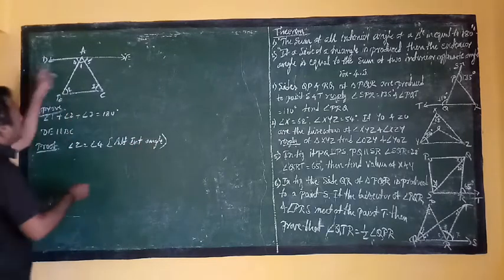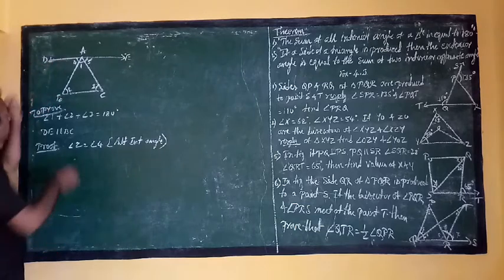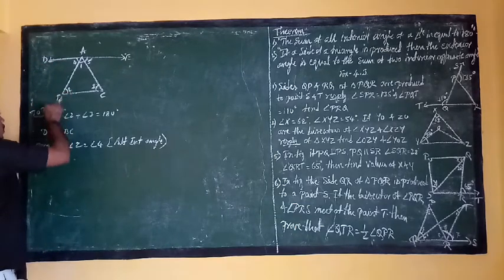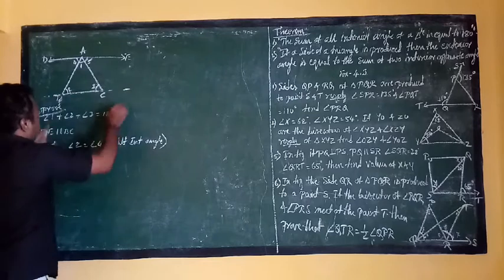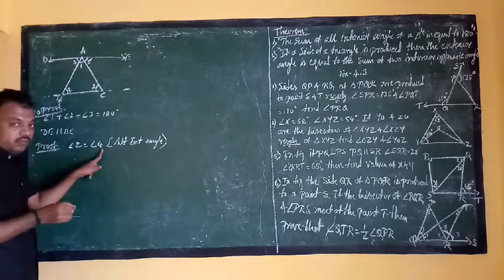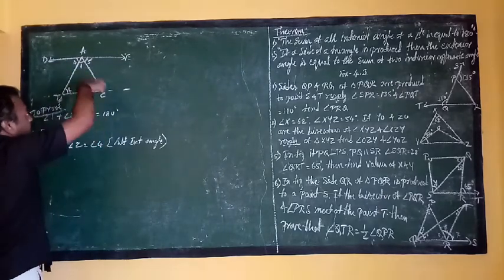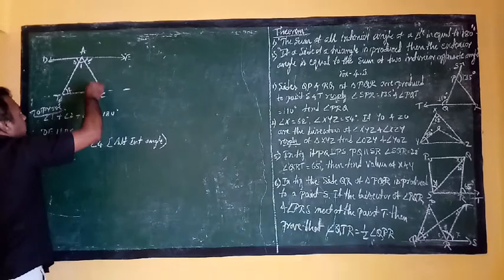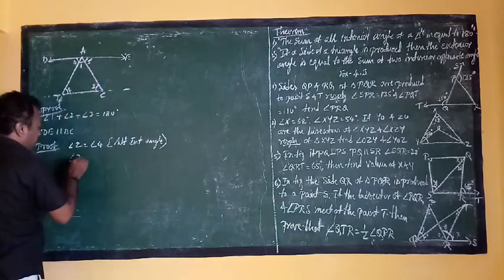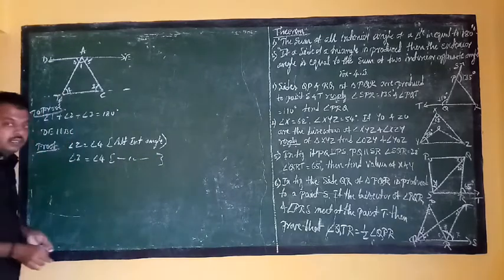Because DE is parallel to BC, AB is a transversal. These two are alternate interior angles, therefore angle 2 is equal to angle 4. Next, again DE is parallel to BC, AC is a transversal, therefore angle 3 is equal to angle 5. Angle 3 is equal to angle 5, again alternate interior angles, correct?